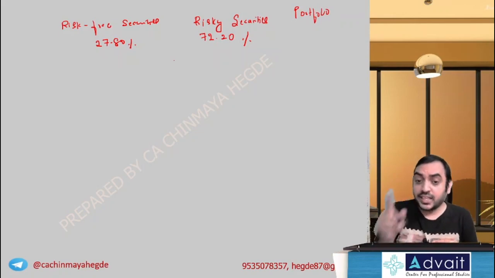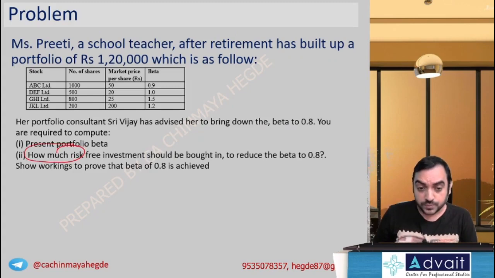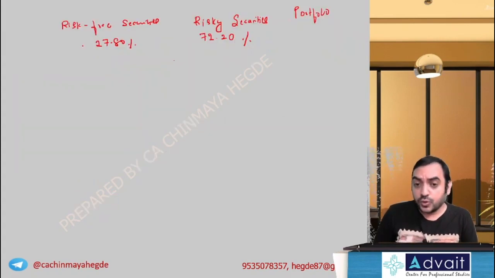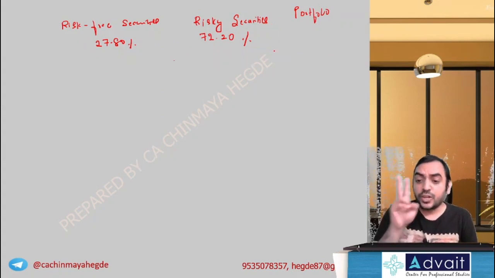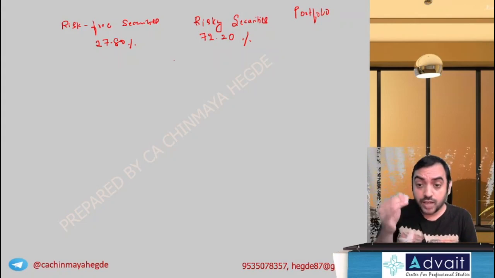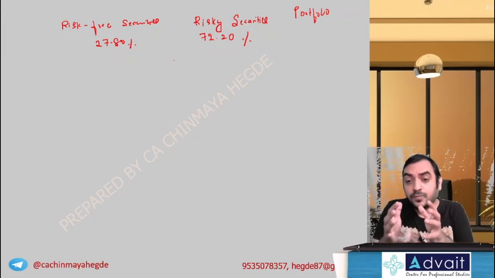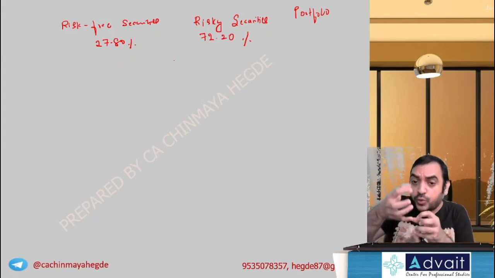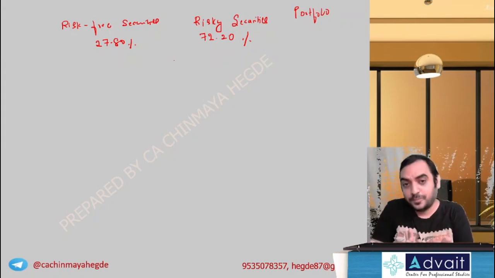Now they're asking only the weights, is it? What is the requirement in the question? How much means you have to calculate the amount. For that purpose, we know in risky securities what is the existing amount. Now here there are two interpretations possible. One interpretation, the existing amount will remain the same and an additional amount I am bringing in.